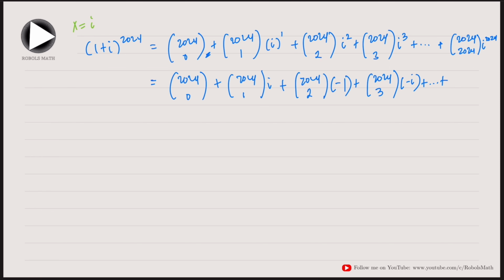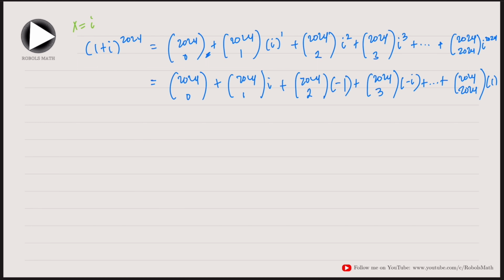And 2024 taken 2024, while i raised to the 2024 power is just 1. So for this part, we can notice that we have already resolved one of the problems that we have. That's basically having the negative coefficients for some even terms of this sum. And then for 2024, we have +1.